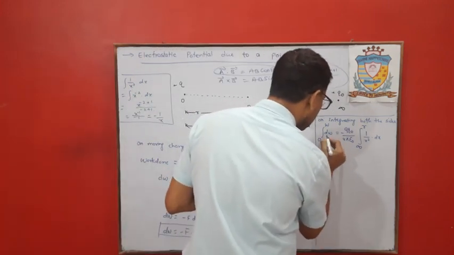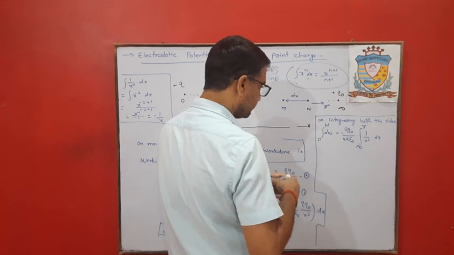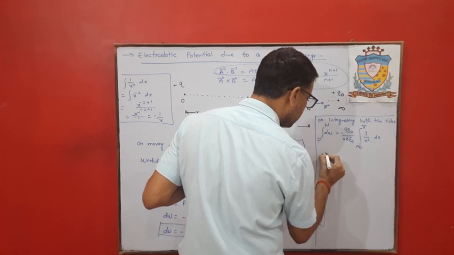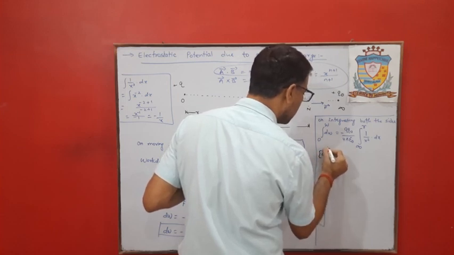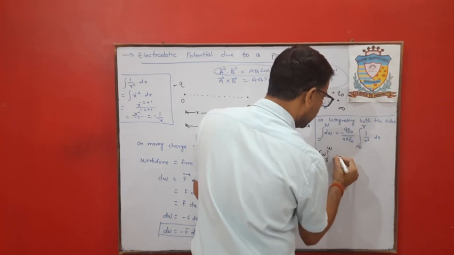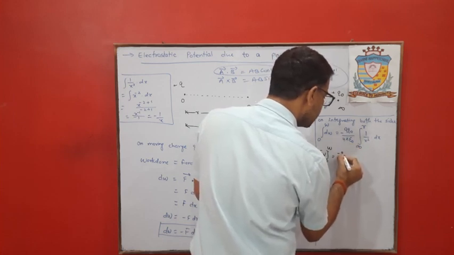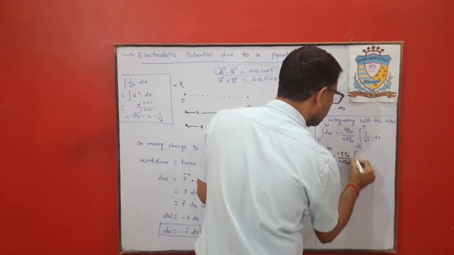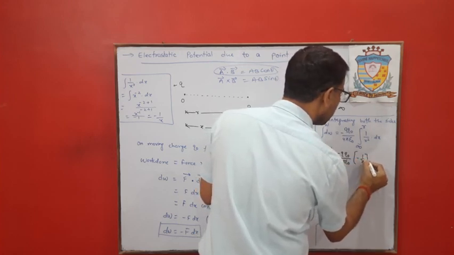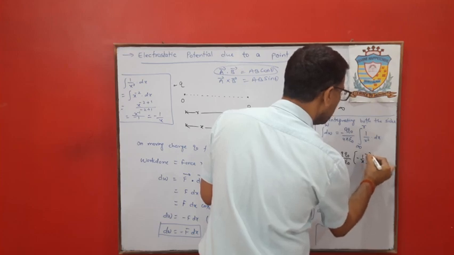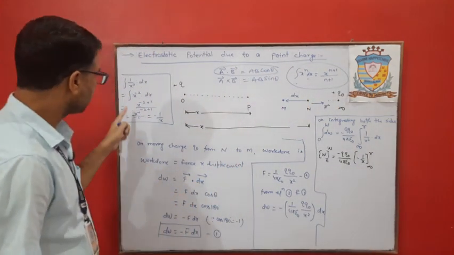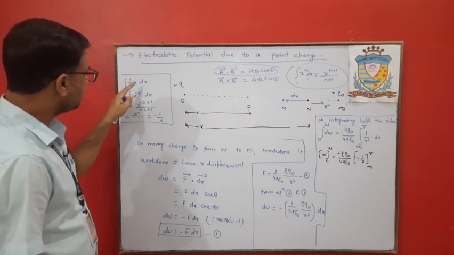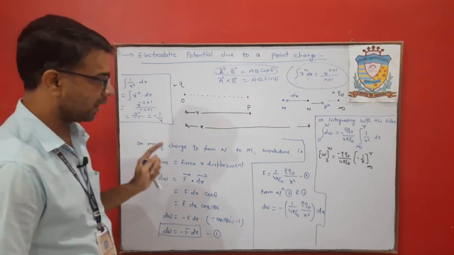Now here if we solve it, the integration of dW is W with lower limit 0, upper limit W, and in this part minus q naught upon 4 pi epsilon naught, minus 1 upon x, infinity to r. Clear? From here you can see the integration of 1 upon x square into dx is minus 1 by x.